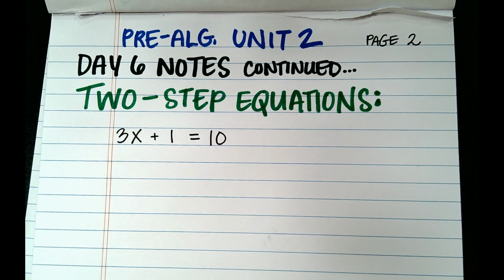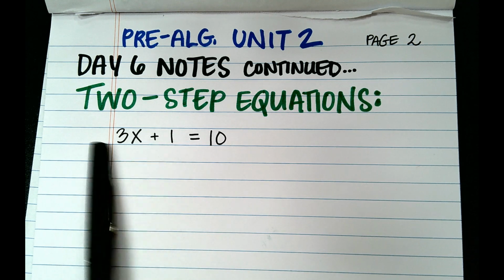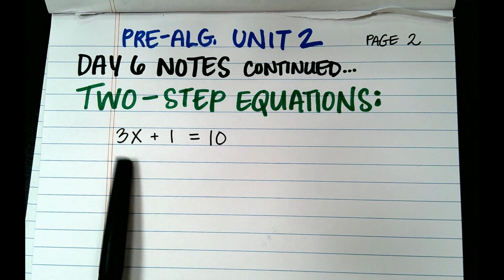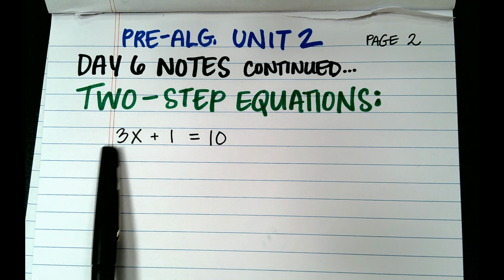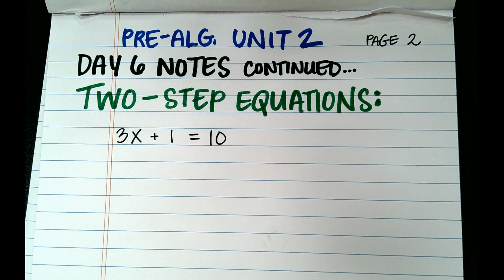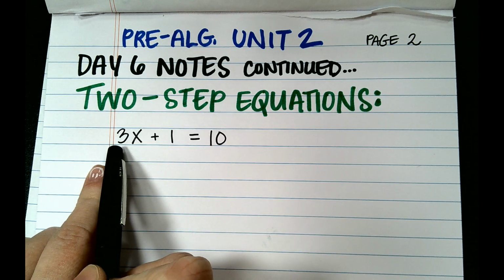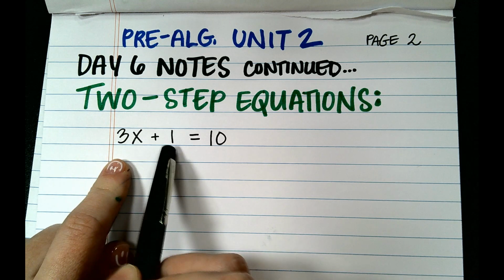So we'll start with this example here. Now we have more than one operation happening to x. Normally we would just have 3x equals something, or x plus 1 equals something. But now x is not only being multiplied by 3, there's also 1 being added.